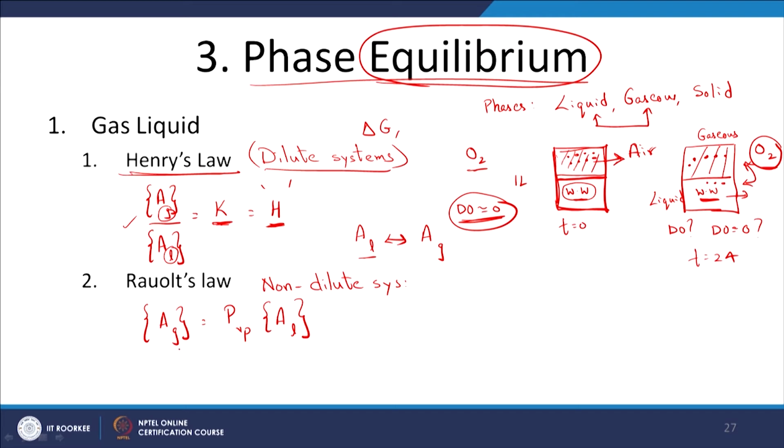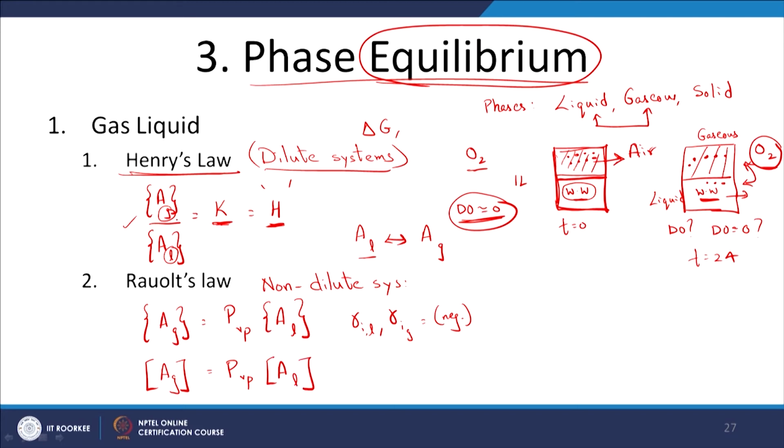And if you want to approximate the activities by concentrations, you can do that, assuming that the activity coefficients are small or equal. Activity coefficients in the gas phase are negligible, let us say. You can say that this is equal to the concentration of the compound in the gaseous phase times vapor pressure times the concentration of the compound in the liquid phase.